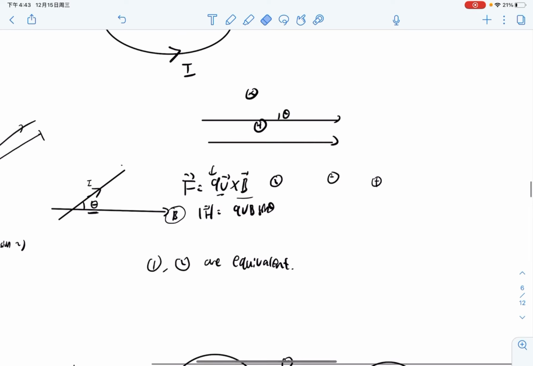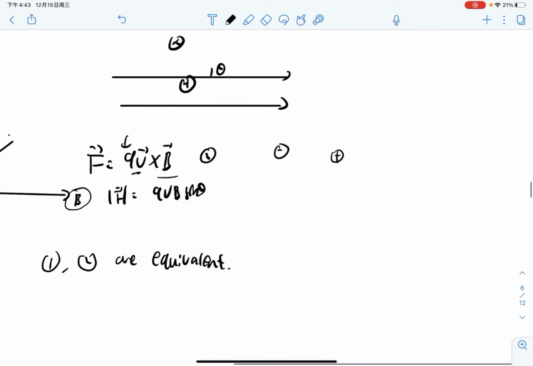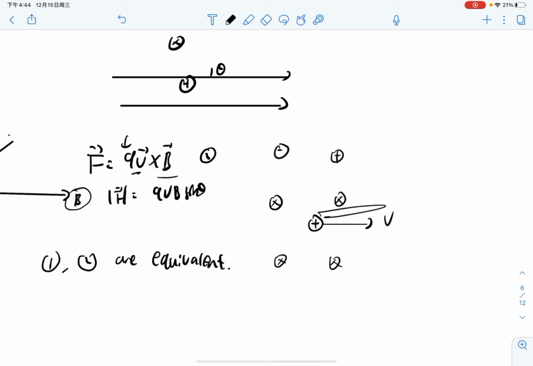So, for a positive ion moving that way, and the direction of B is going into the page, using the right-hand rule, use your palm first, and fingers fold into the page, and you can see the force is acting up.